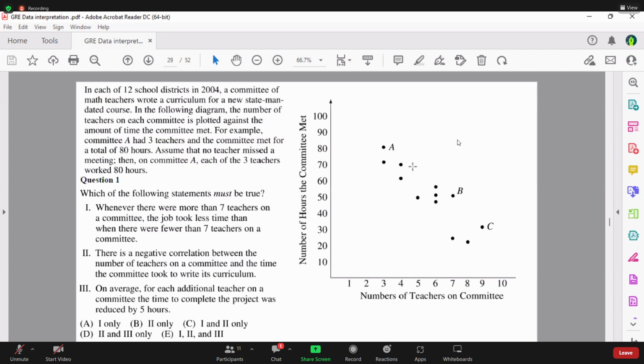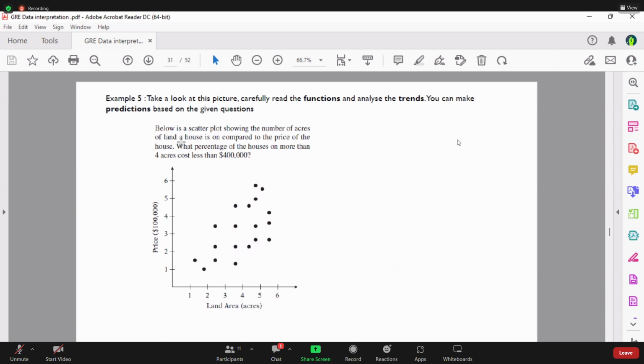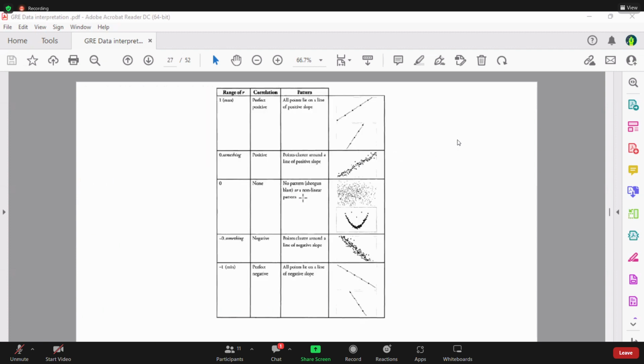Then this here is a negative correlation graph, and this here is a positive correlation graph. Why positive? Because the points are in this direction. And here why negative? Because you can see the points are going from this direction to this direction. This is the only distinction that you have to worry about.